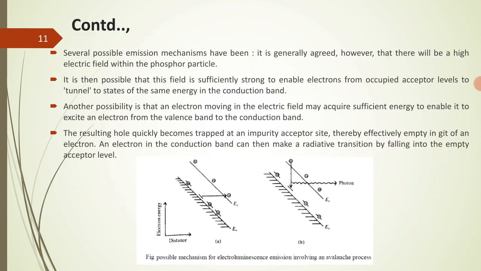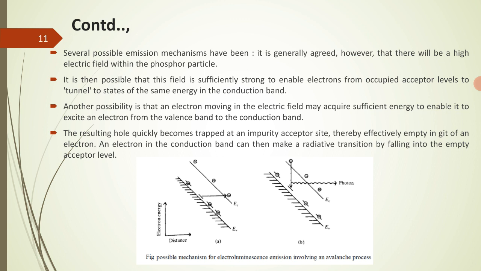Several possible emission mechanisms can be generated because of the high electric field within the phosphor particle. One enables electrons from the occupied acceptor level to tunnel to the same energy in the conduction band. Another possibility is that electrons moving in the electric field may acquire sufficient energy to excite an electron from the valence band to the conduction band.